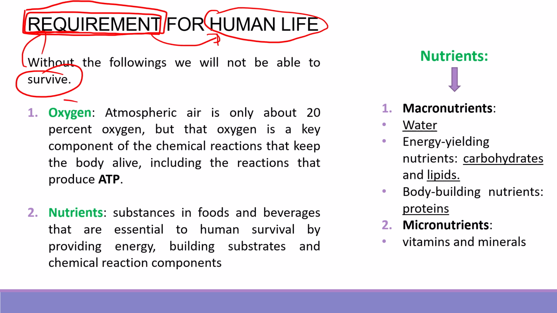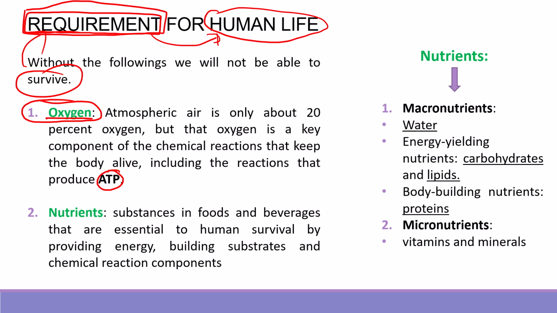The very first one, and one of the most important and obvious, is oxygen, right? Without oxygen, we will not be able to create this molecule called ATP that I just mentioned before. The reason why we need to breathe is not just because of us, but because each individual cell that forms our body needs oxygen.